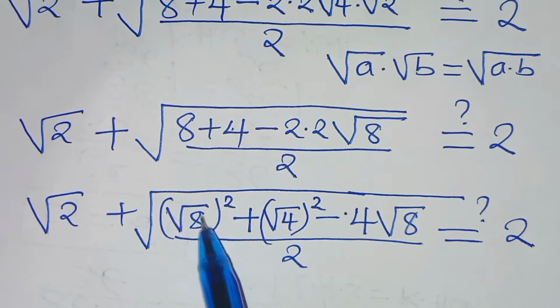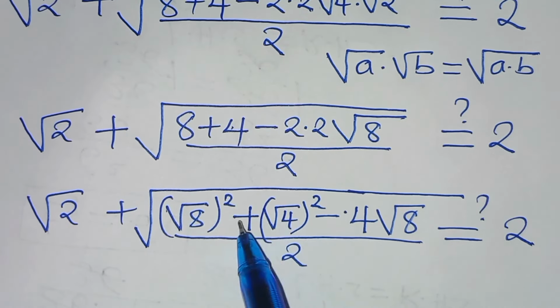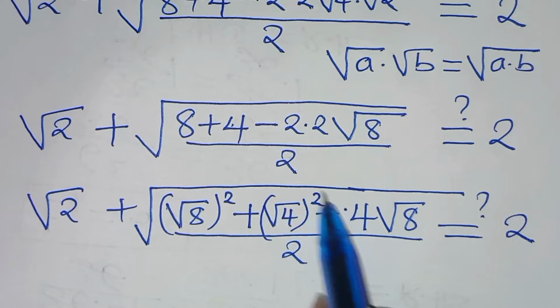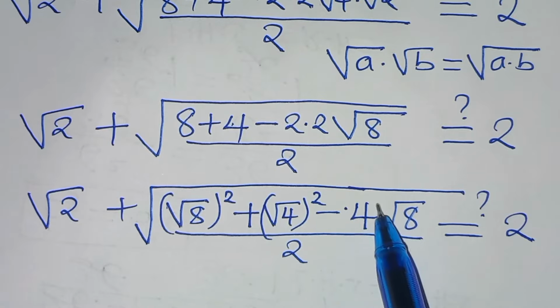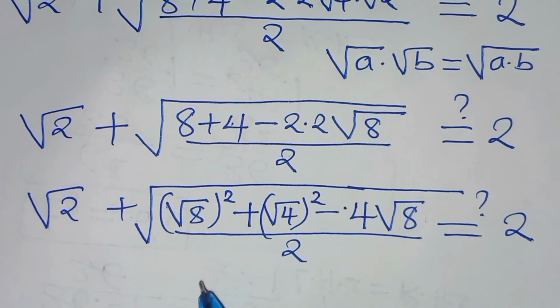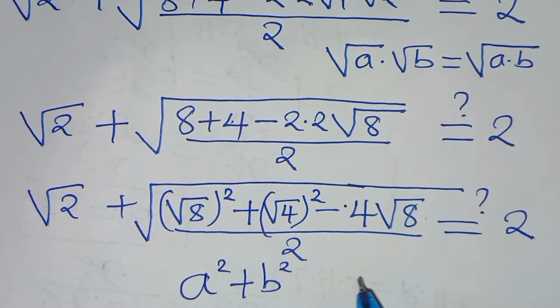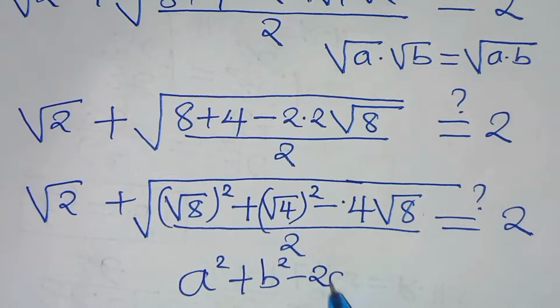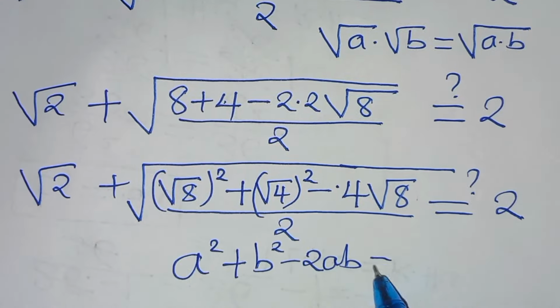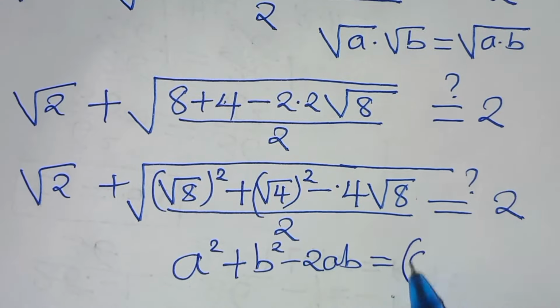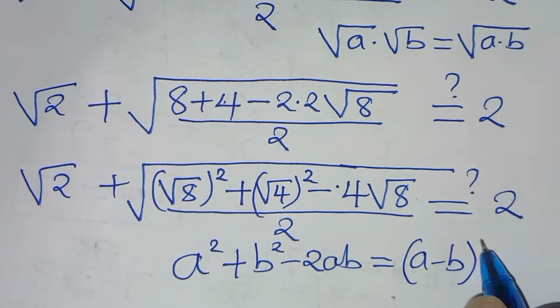Now, square root of 8 raised to the power of 2 plus square root of 4 raised to the power of 2 minus 4 multiplied by square root of 8. This is in the form of a squared plus b squared minus 2ab, which we can express as a minus b raised to the power of 2.